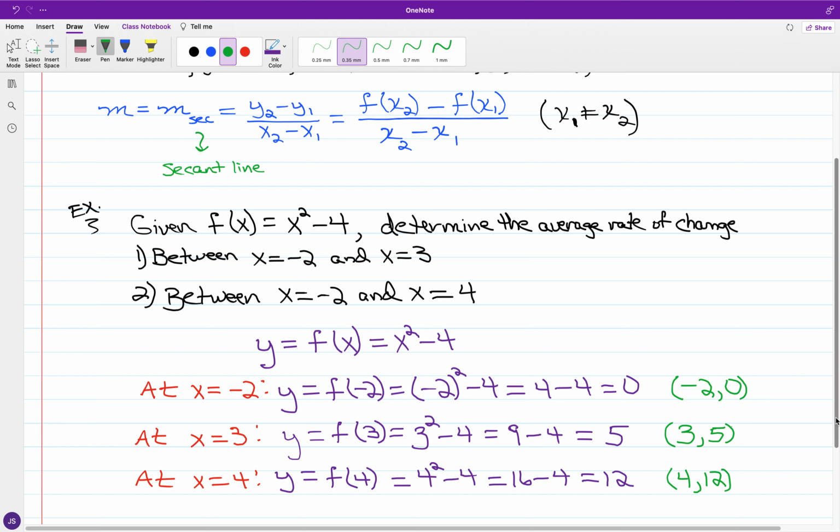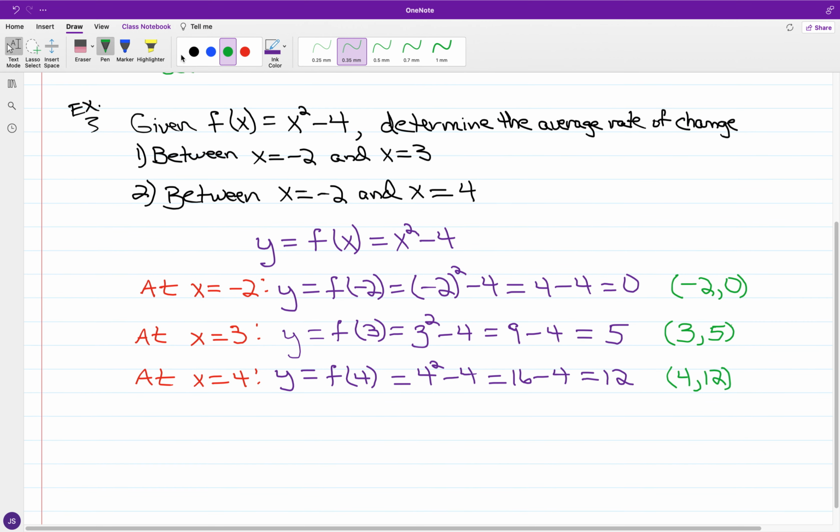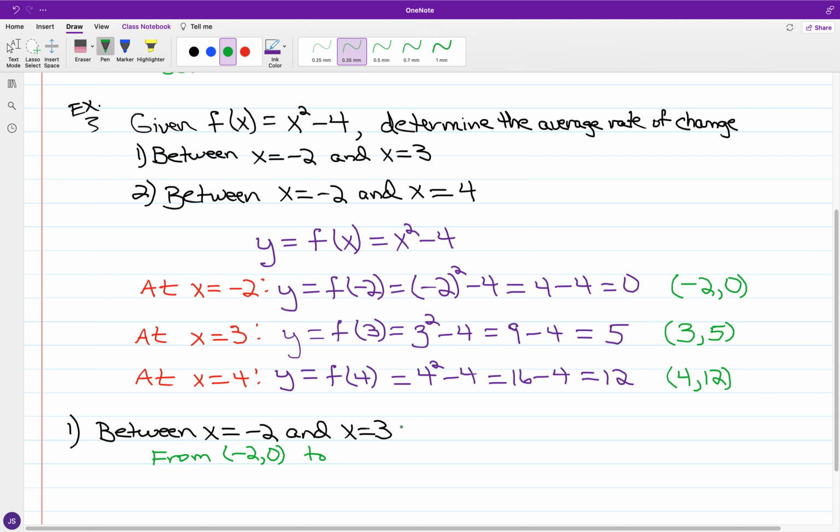Right. And so looking at the average rates of change, all right, so between x equals -2 and x is equal to 3, or on a very similar note, okay, so we have going from (-2, 0) to (3, 5).